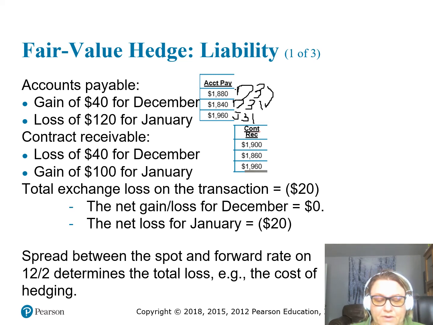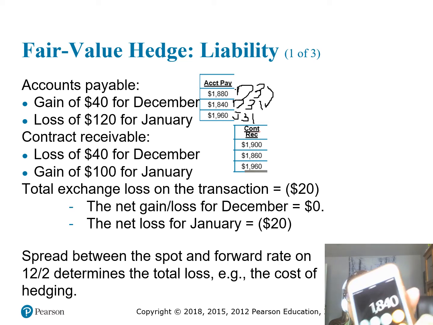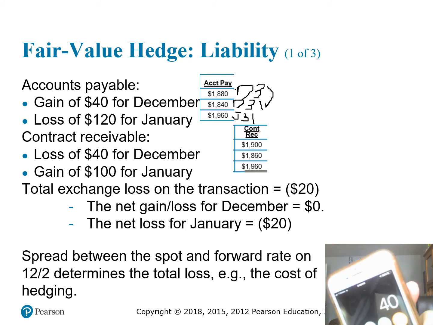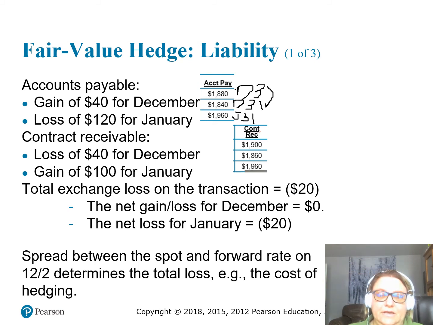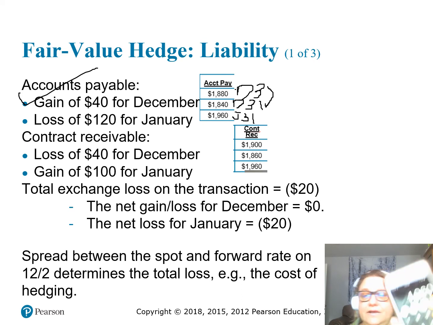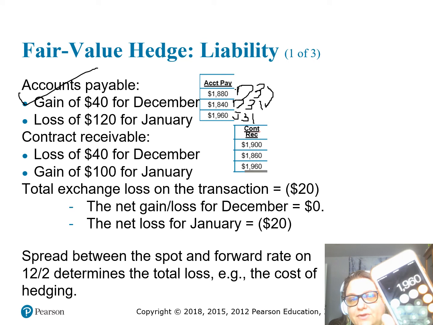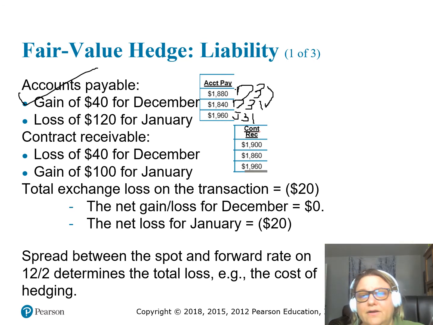To figure out that gain, I take the 1880 and subtract out 1840, which is 40. Because I owe less, that's a gain right here. And then what happens between that is the 1960, which is my January 31st time right here.